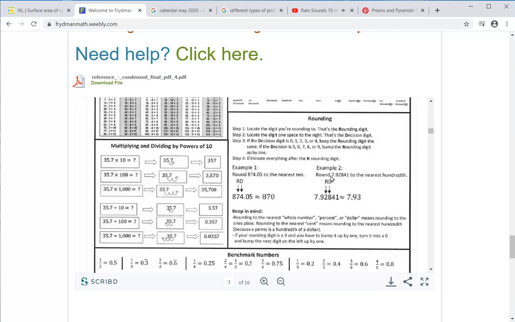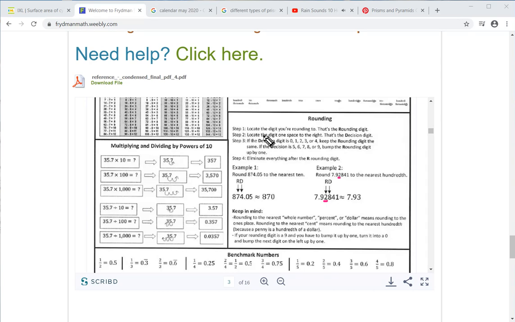In this example, if we're rounding 7.92841 to the nearest hundredth, then here is the hundredths place. That would be what I call the rounding digit, so I put an R right over here.